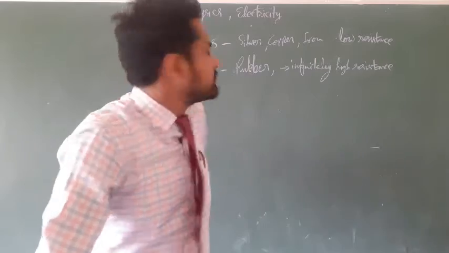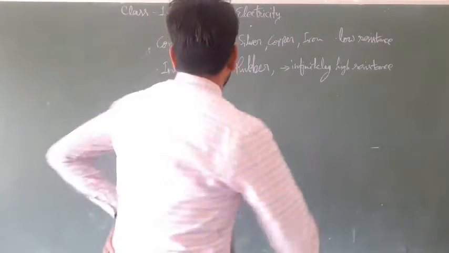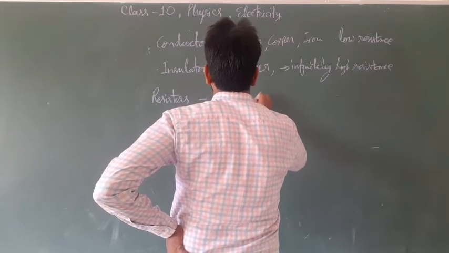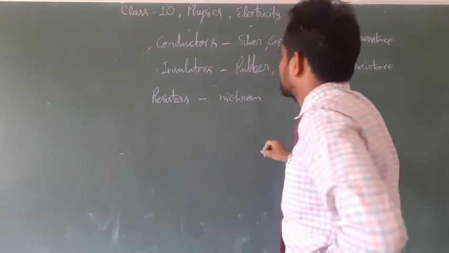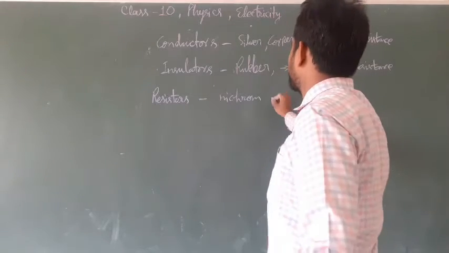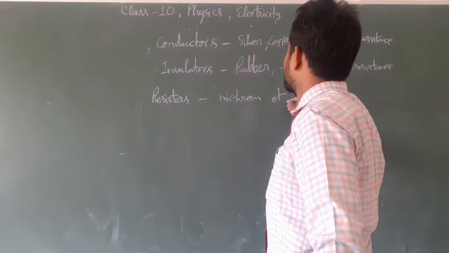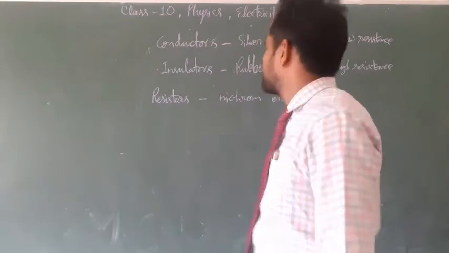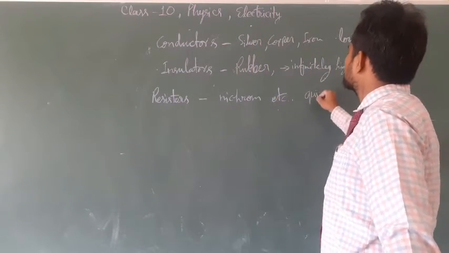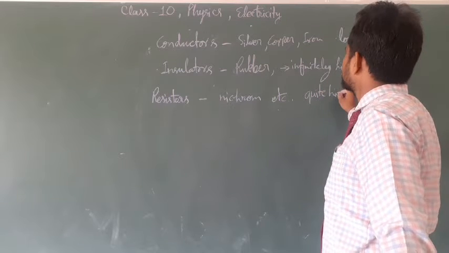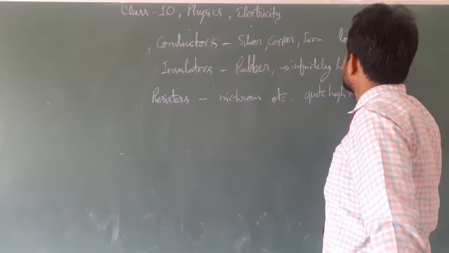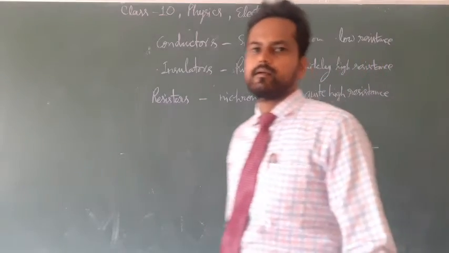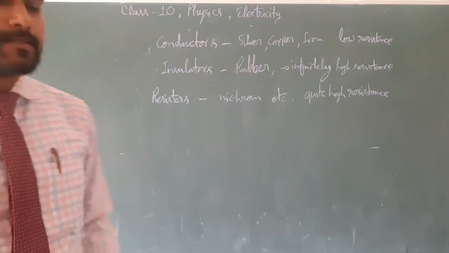For example, nichrome, constantan, etc. Quite high resistance.